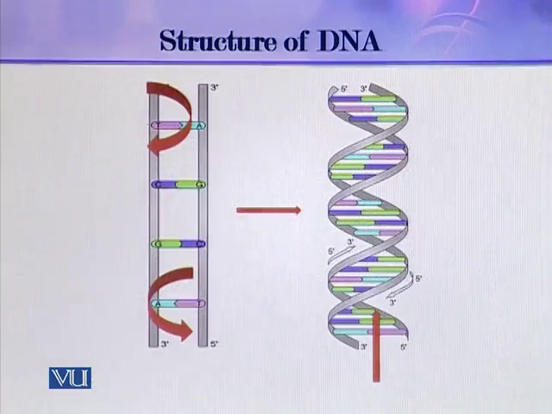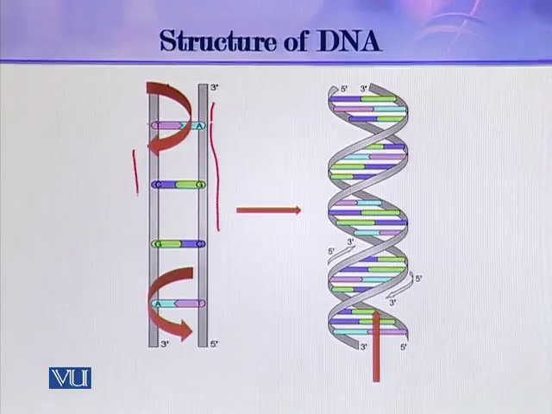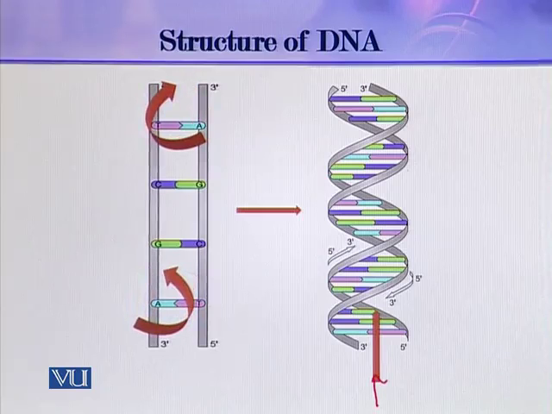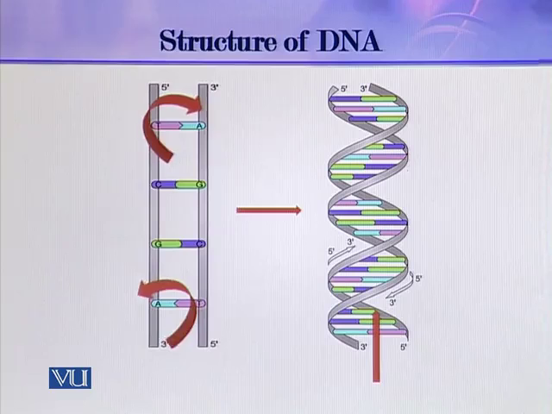As you can see in this picture, the two strands are joined together and wound around the axis. This is the axis, and they form a double helical structure, as you can see here. So this is the double structure of the DNA molecule.